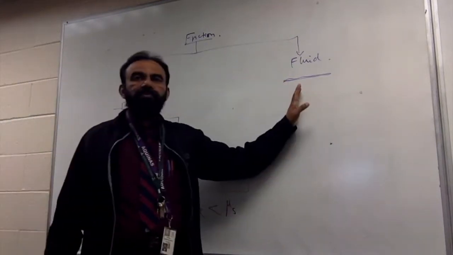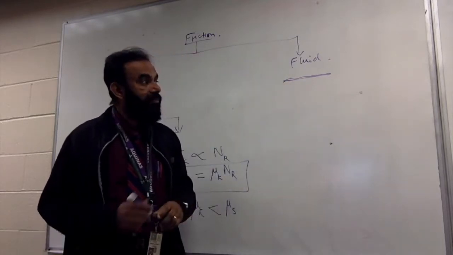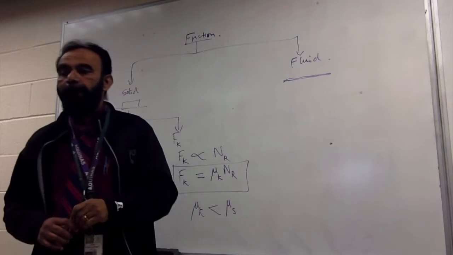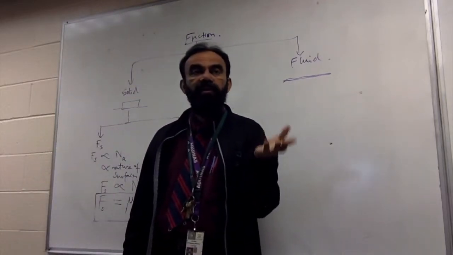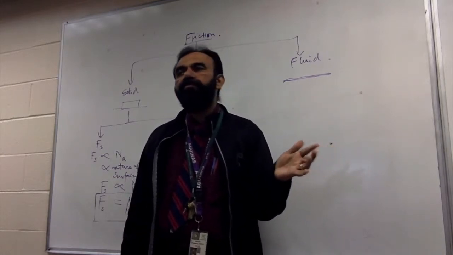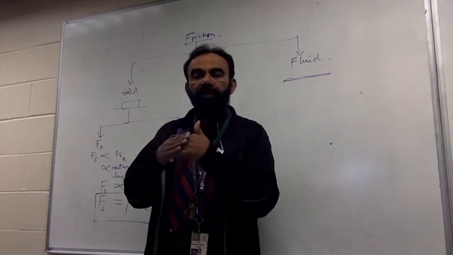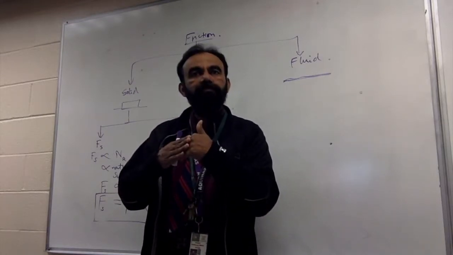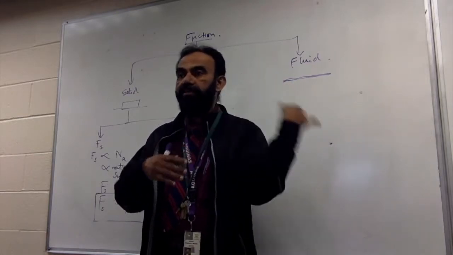Now let's go to fluid friction and look at some of the concepts of fluid friction. So what is fluid friction? Fluid friction is one fluid layer applying a drag force on the other fluid layer, right? It could be actually fluid with fluid, or it could be a fluid layer stuck with an object rubbing against another fluid layer stagnant.